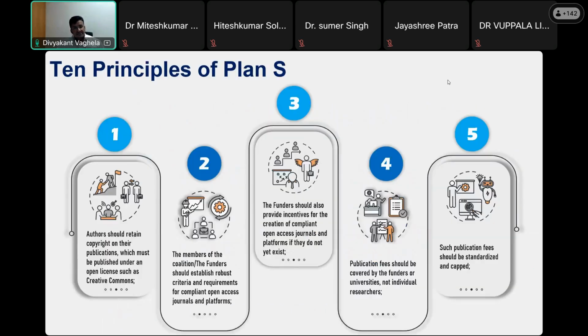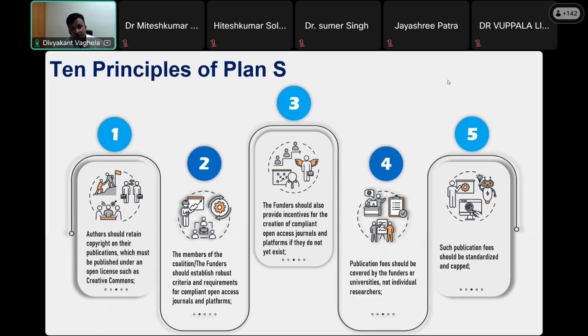The 10 principles of Plan S, in which the first one is that authors should retain the copyright on their publications, which must be published under an open license such as Creative Commons CC BY, CC BY-SA, CC BY-NC, CC BY-ND. Another is that members of the coalition, or say funders, should establish robust criteria and requirements for compliant open access journals and platforms.